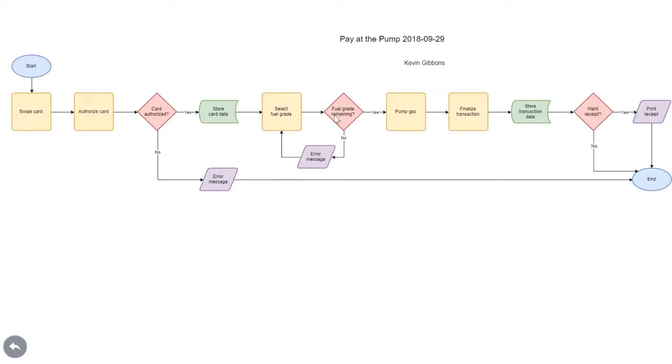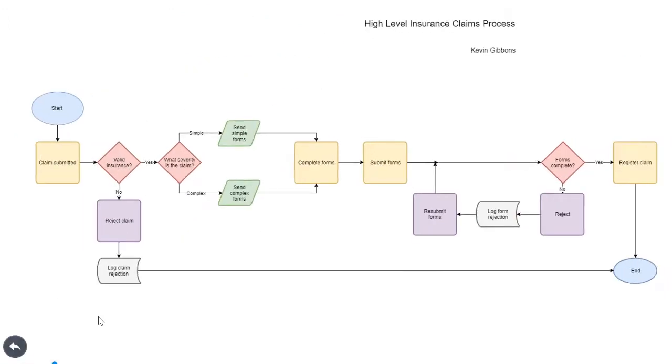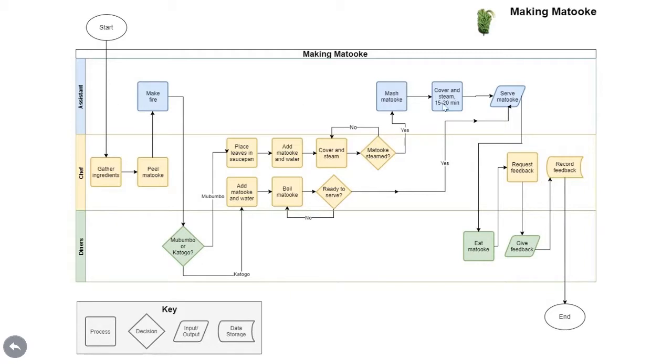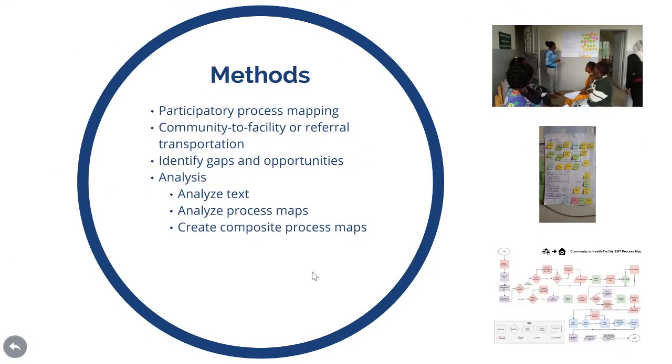And then what process happens based on that? Then you have inputs and outputs, which could be in the form of a form, an email, or a notification to your phone. And lastly, data storage. Once those inputs and outputs are generated, how are they saved so that they can be analyzed later on? Here are some examples.